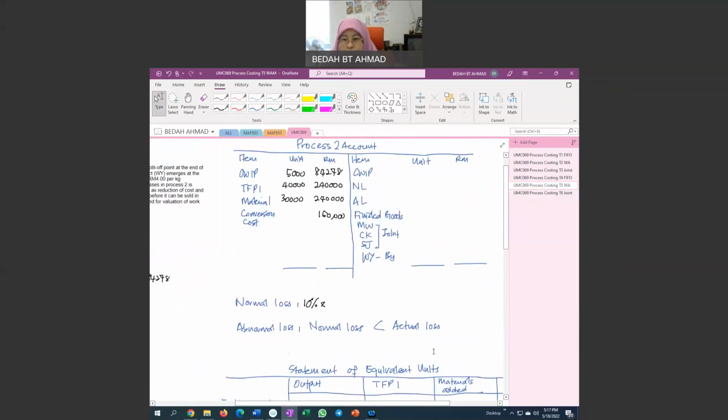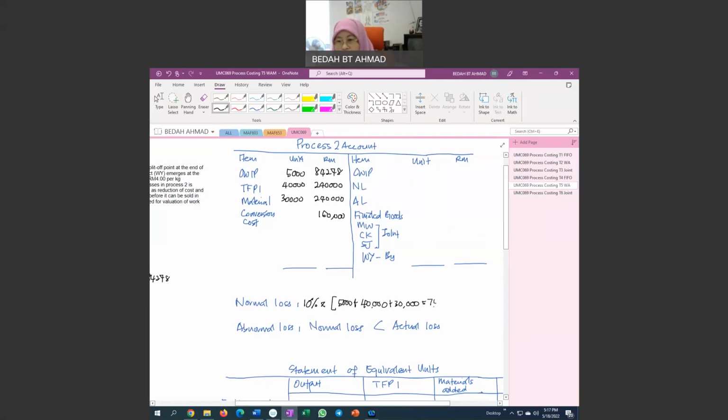Before that, we compute the normal loss first. The normal loss is 10% of the production. The production included in process 2 is the opening work in progress 5,000 plus the transfer from process 1 of 40,000 plus the material 30,000, so we get 75,000.